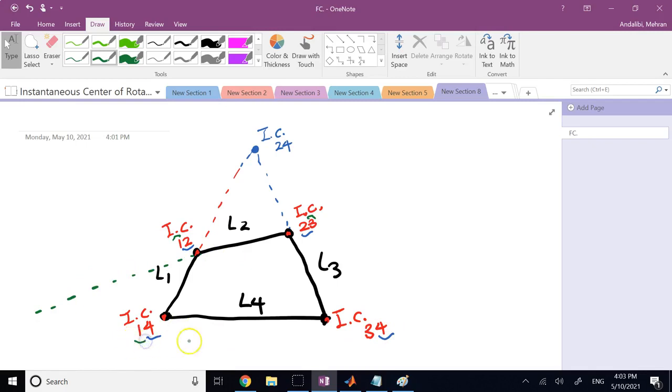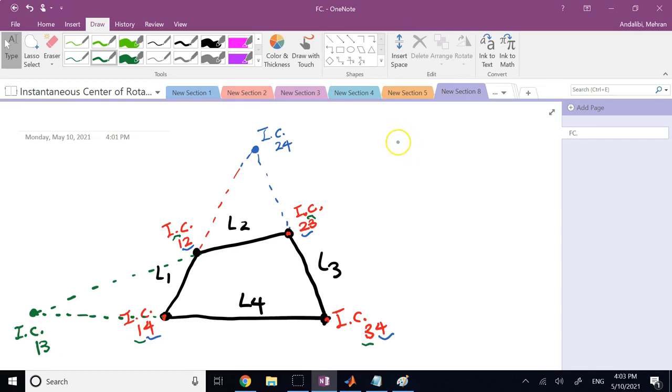They don't share 1 and 3. So 1, 3 should be on this line as well. So here is IC of 1 with respect to 3 or 3 with respect to 1. And how many are they? There are 6 of them.